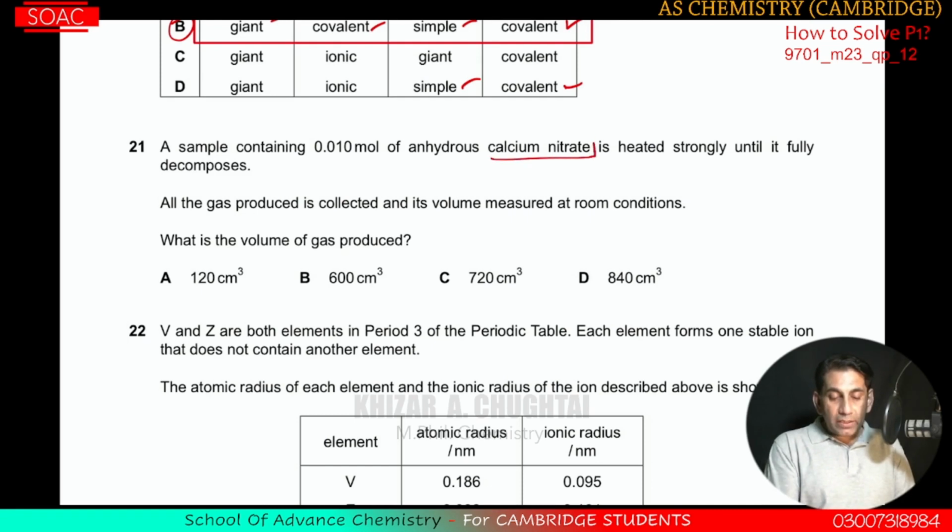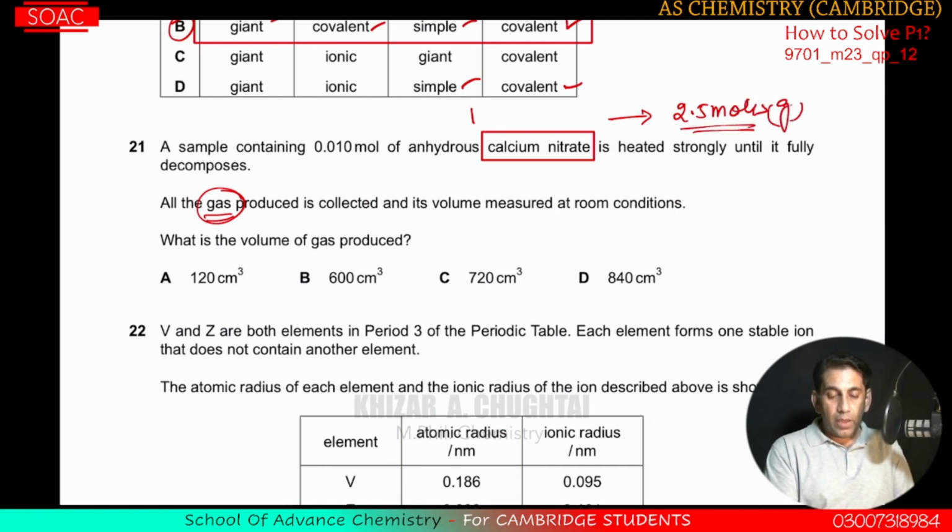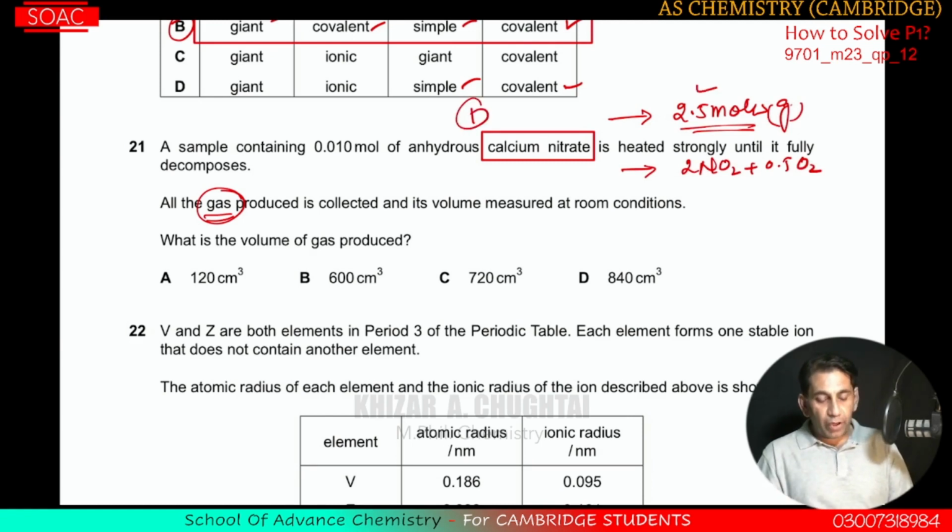Whenever you heat a group 2 nitrate, it decomposes into three components, two of them gases. When 1 mole of group 2 nitrate is decomposed, 2.5 moles of gases are formed: 2 moles of NO2 and 0.5 mole of oxygen.